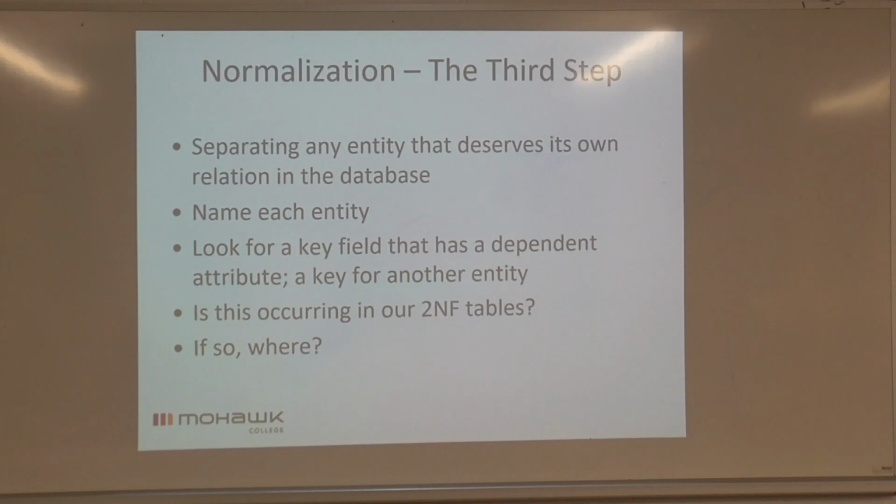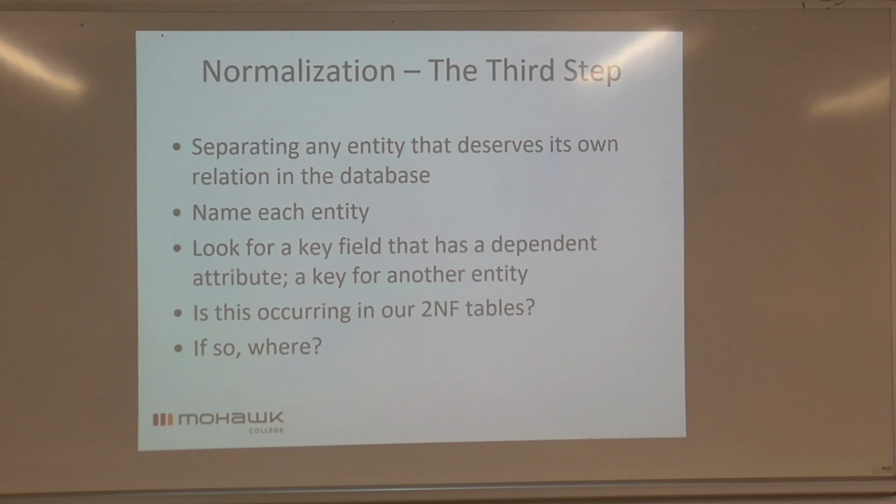So, look at the key field that has a dependent attribute, a key for another entity. That's a confusing sentence. Is this occurring in our two second normal form tables? So, let's focus on this table, right? So date.